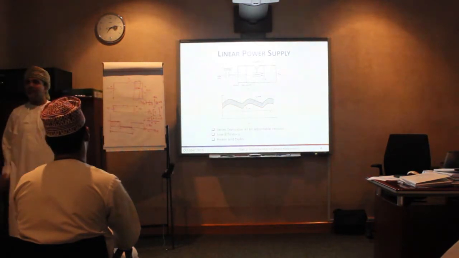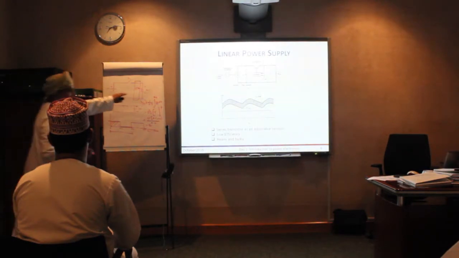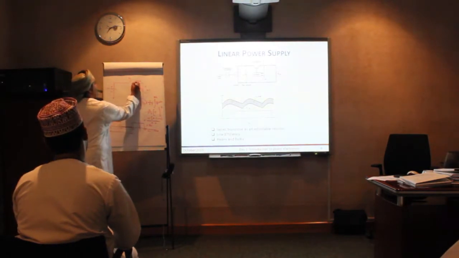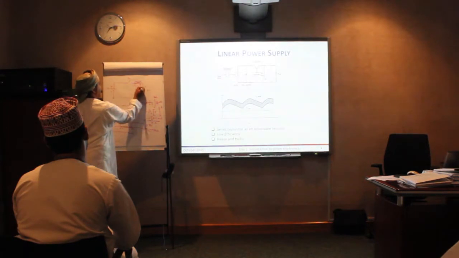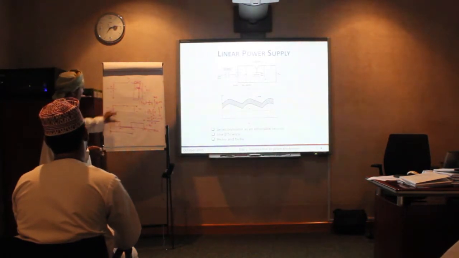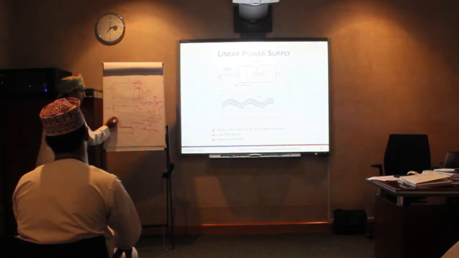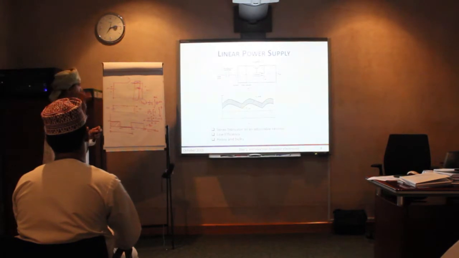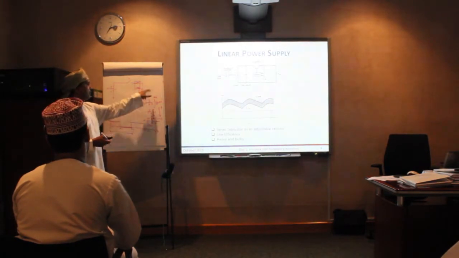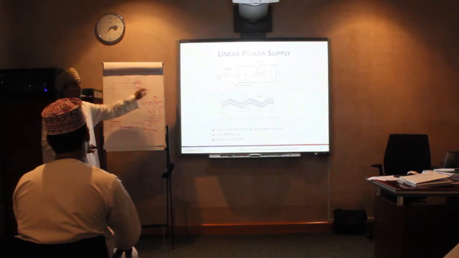So I can get the average, purely DC, by adding a filter on this side, for example an LC filter. That means it will let the DC pass through and absorb the other component, which is the AC. So I will get the average, which is 5 volt DC. So I can still get this 5 volt.